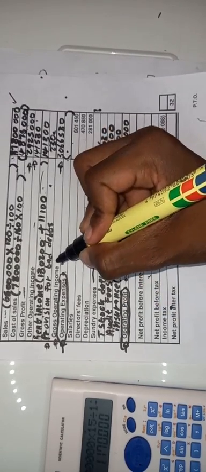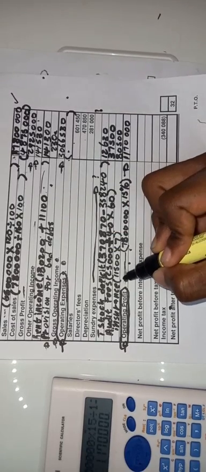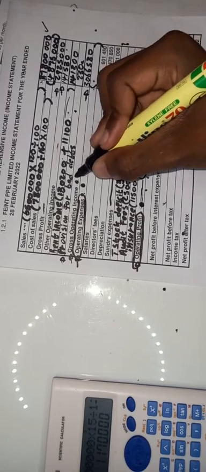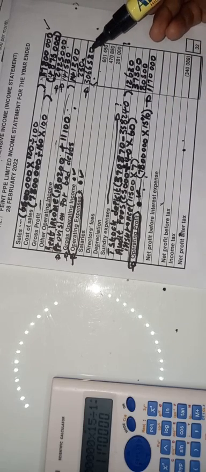I hope you get it. These go together. I will just tick them so that you can see. Your gross income minus your operating expenses is equal to operating profit. Now we do have the gross income, but we don't have the operating expenses. But we do have the answer, which is the operating profit.